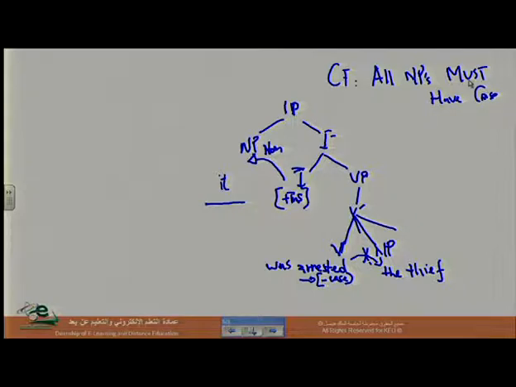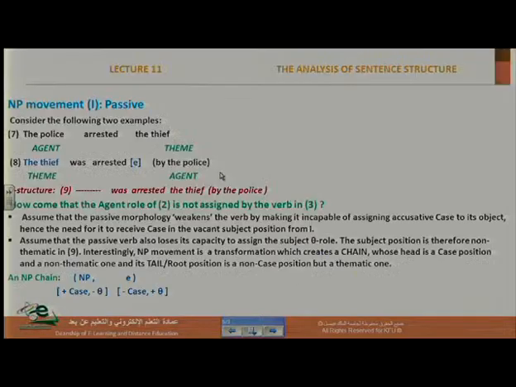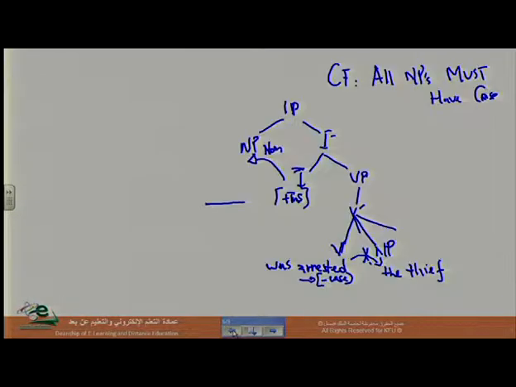If it has to look for it, then it seems like the only available case position is the subject position, where the tense element, as we can see, is in the past, plus past. If it is plus past, that means it has a nominative feature to assign to this position.